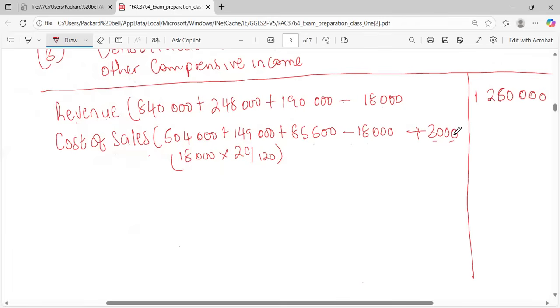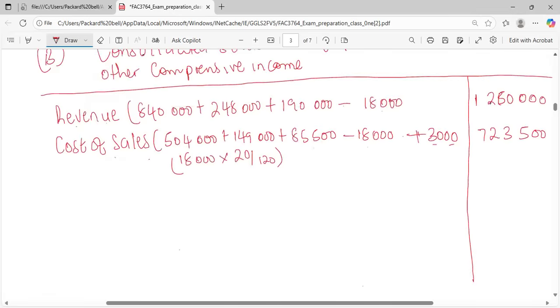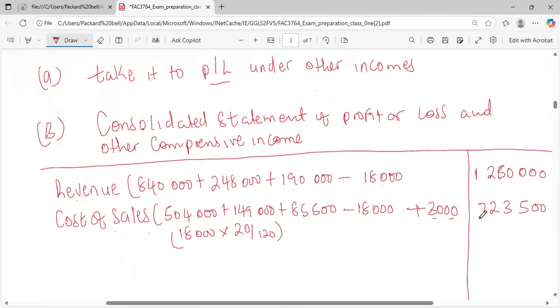How much are we going to have there? It's going to be 723,500. Right. So this is our 723,500. So which means at the end now we need the gross profit.